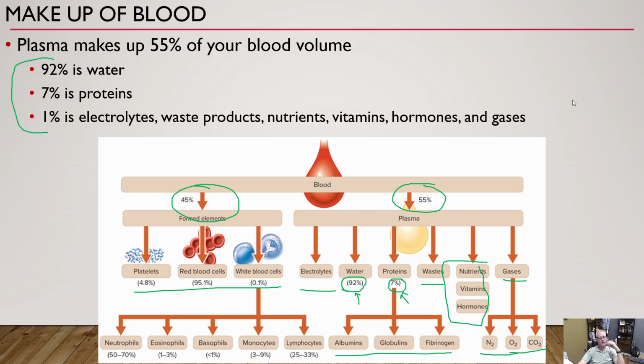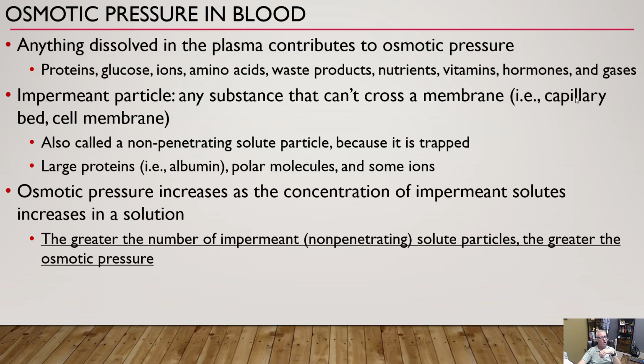So here's where it gets a little confusing, but this is going to be an introduction to next semester. We have this thing called osmotic pressure. Anything that's dissolved in the plasma contributes to osmotic pressure.